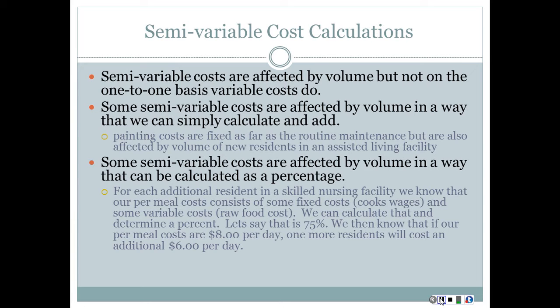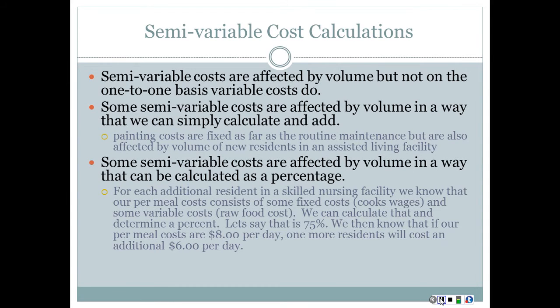We then could calculate what percent were fixed costs and what percent were variable costs. And we calculated that 75% of the cost of a meal were our variable costs.